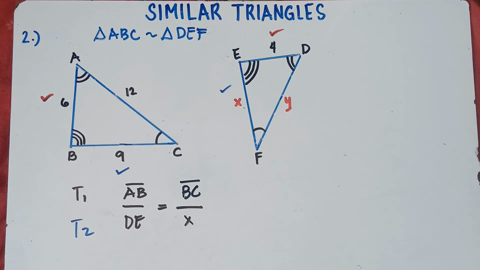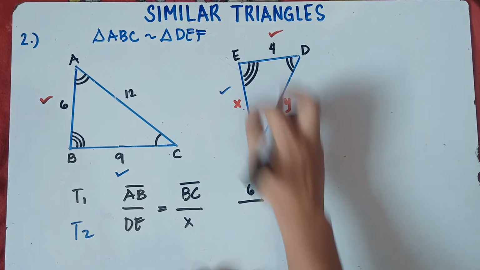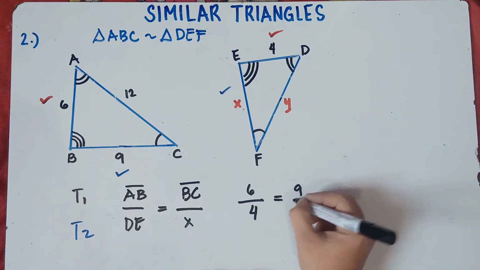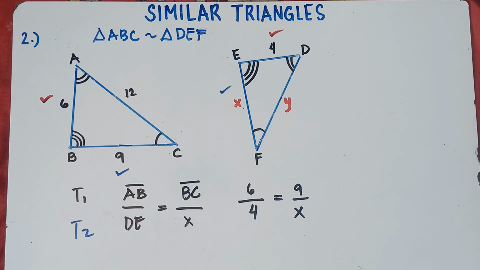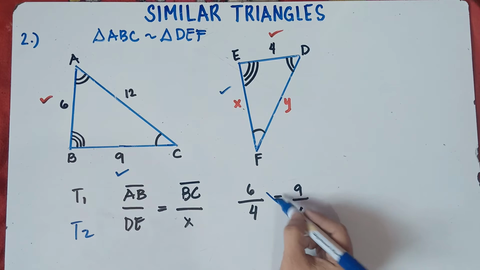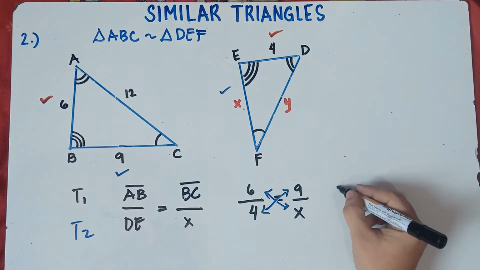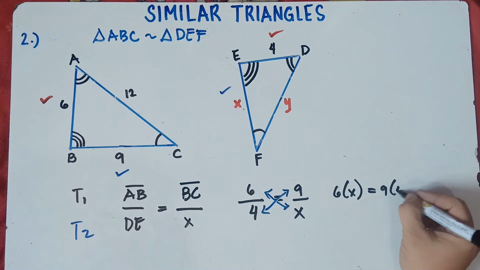And then we substitute, class. AB is 6, so 6 over DE, which is 4, is equal to BC, which is 9, over EF, which is X. And then to get the value of X, we do cross multiplication. So this will be 6 times X equals 9 times 4.